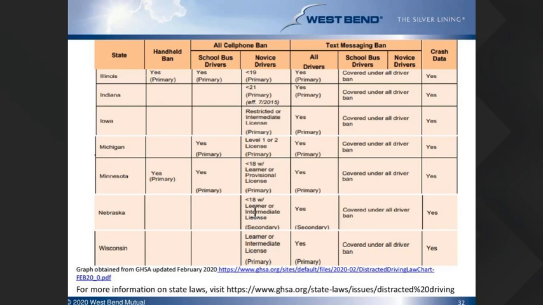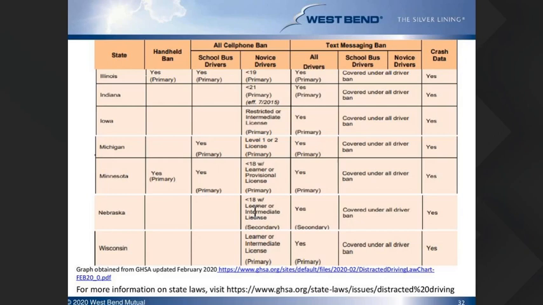In Illinois, just going across, a handheld ban is for all drivers, a cell phone ban for all school bus drivers, and they define novice drivers as under the age of 19. And yes, there is a ban for those as well. When it comes to text messaging, we've seen not just in Illinois, but in all the states listed here, there is a ban for all drivers on texting while driving. And that's covered for school bus drivers and novice drivers as well.